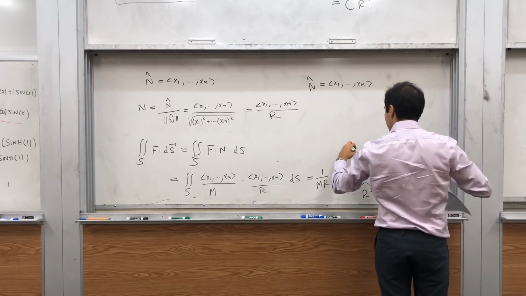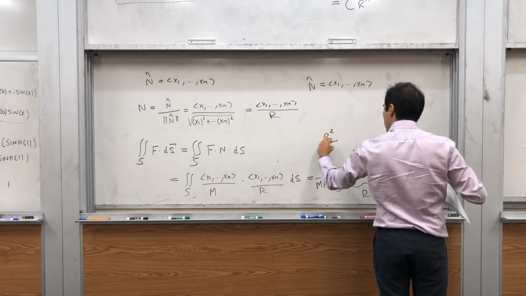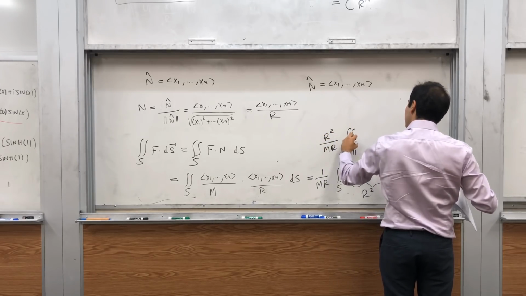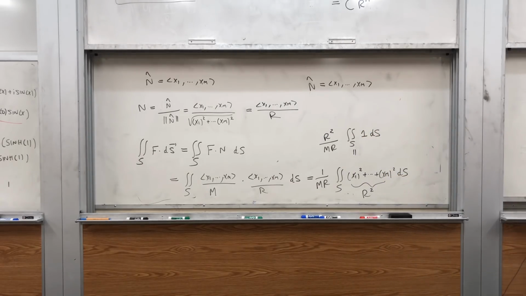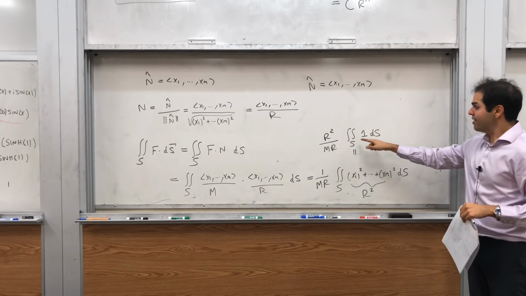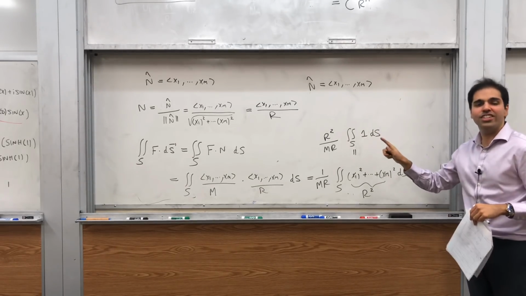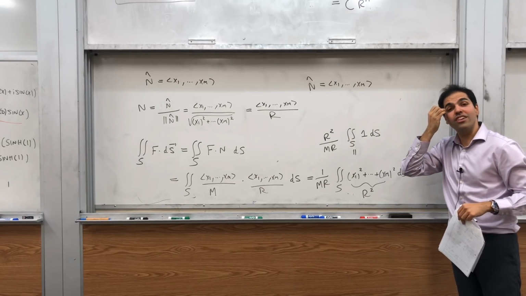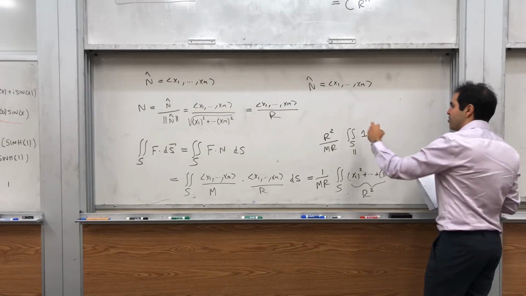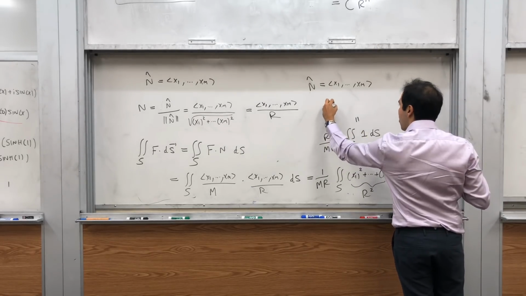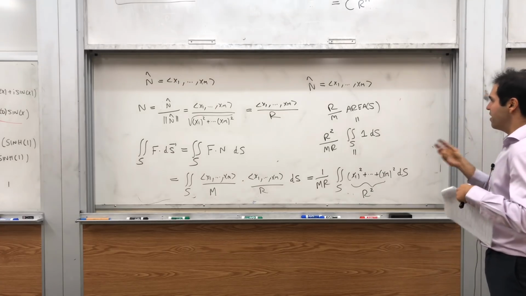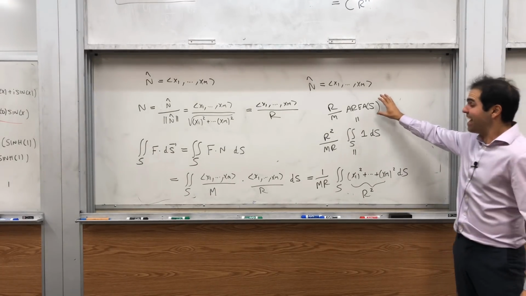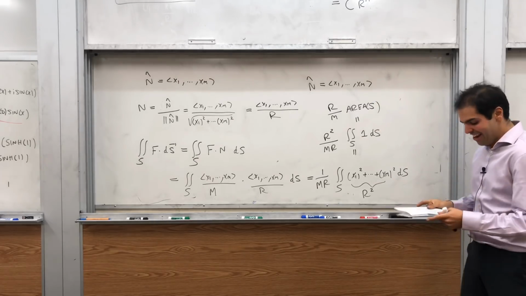So this then becomes r squared over mr, double integral over S of 1 dS. Lots of S's. But here's the upshot. If you double integrate the function 1 over some surface, it gives you the area of the surface. So we get r over m times the area of S. But this is exactly what we want. We want the surface area.